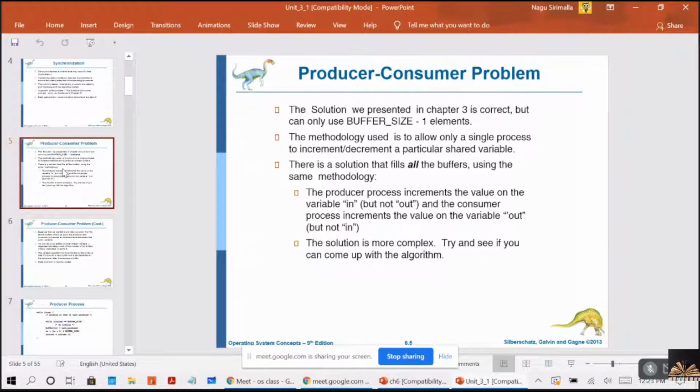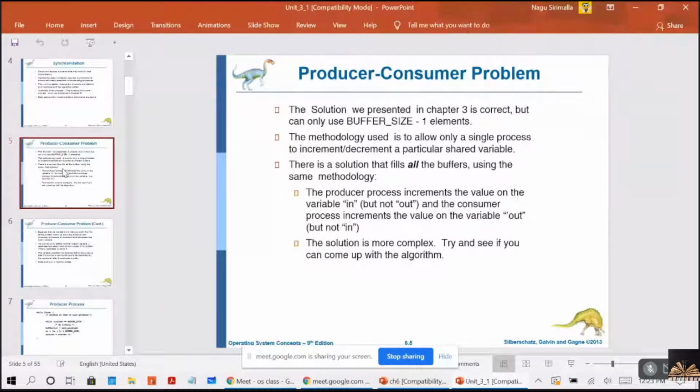When the producer produces an item, it will increment, and when the consumer consumes, it will decrement. But what is the problem with this? We have the race condition problem, meaning we are getting incorrect data.